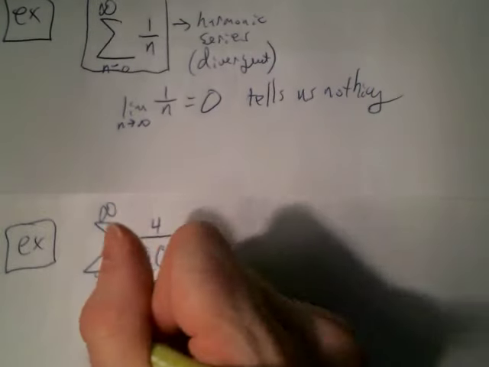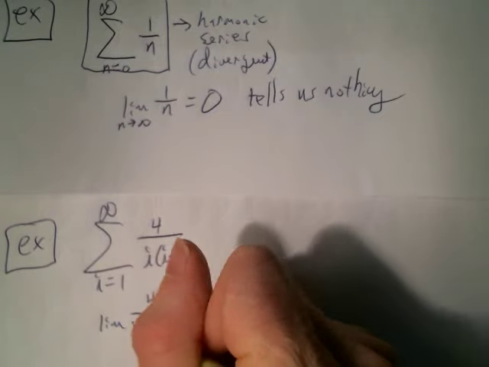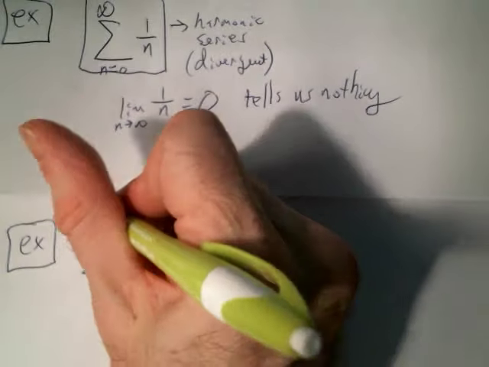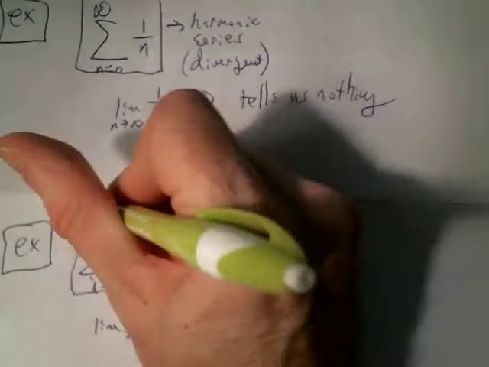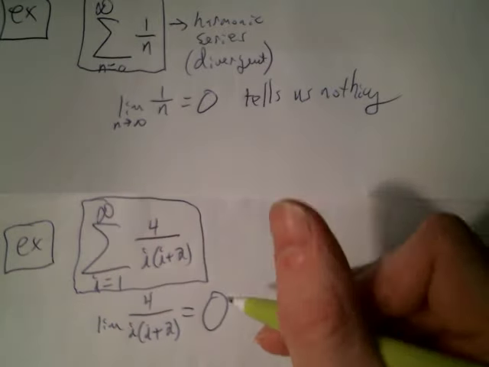If I do the limit of this expression, I would have gotten 0. And that tells me nothing. It turns out that this thing is convergent, but I couldn't make that conclusion from this fact, because there are series that are divergent such that the limit of the terms of those series is also equal to 0.